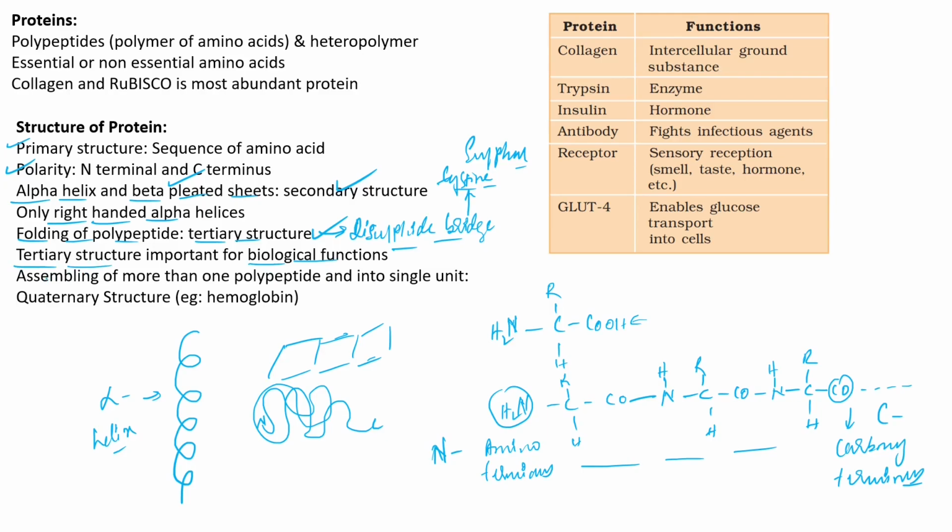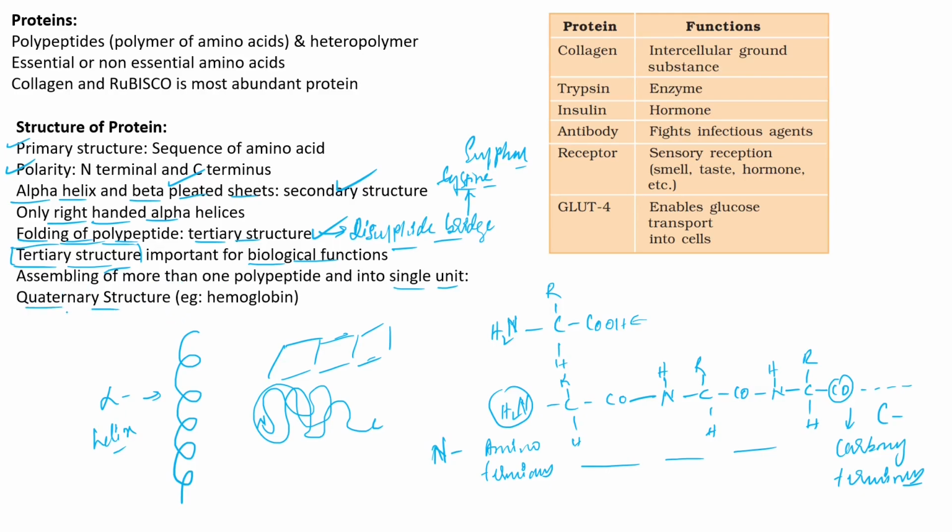Remember, the ultimate functioning, that is whether the protein is actively functioning or remains in the inactive state, is determined by which level of organization? The tertiary structure. Right? And finally, the next level of organization that we are having is the quaternary structure.